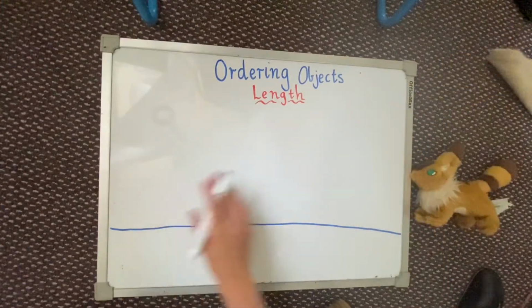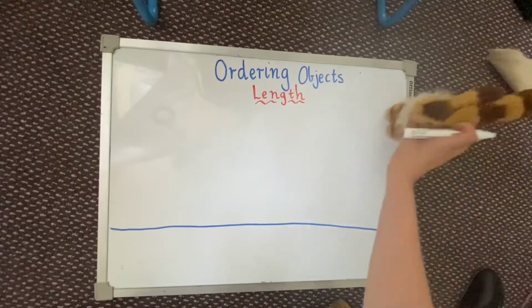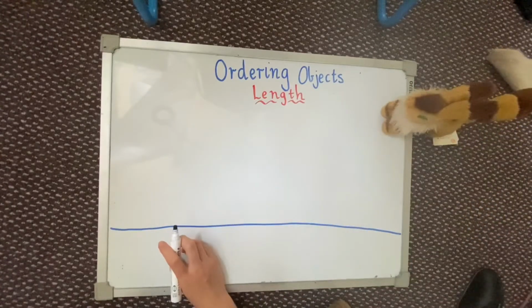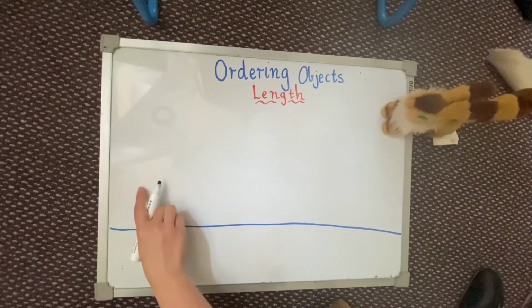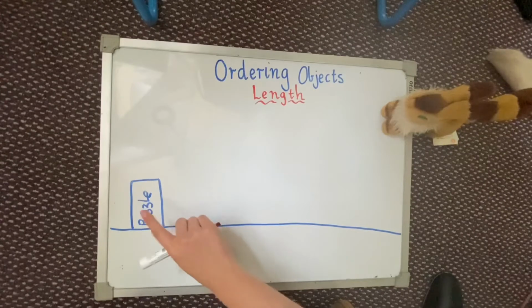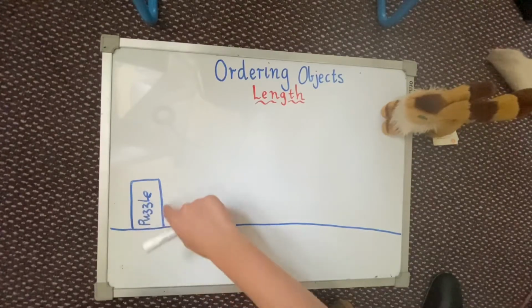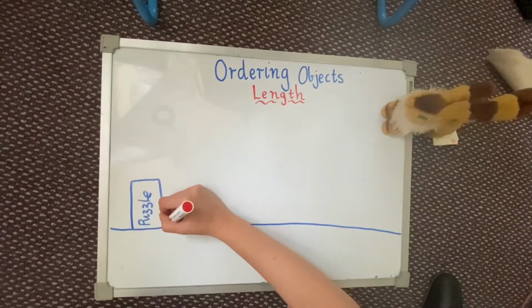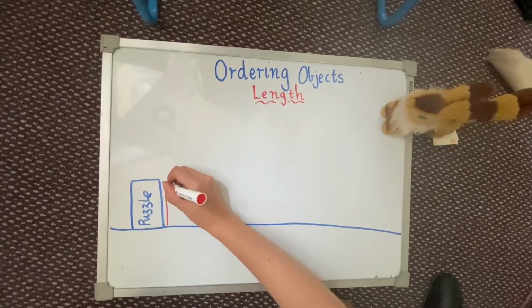The first object, which is our shortest object, was the puzzle box. So I'll draw that one over here. There's our puzzle box, our shortest object. I've drawn it this way so that you can see the length going up.